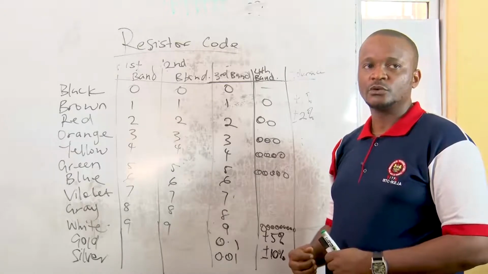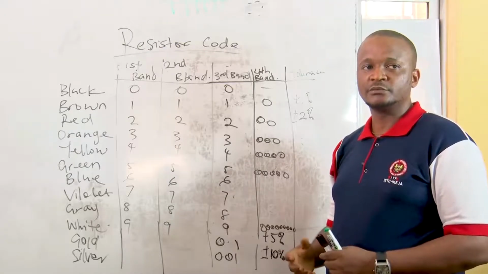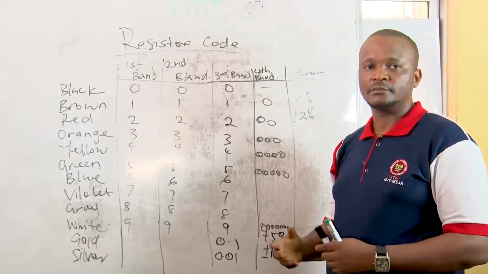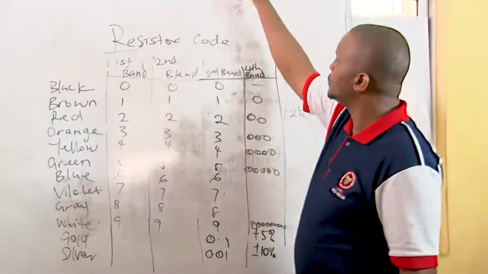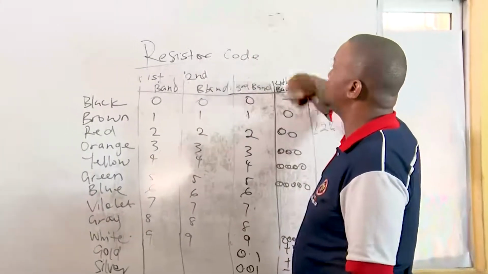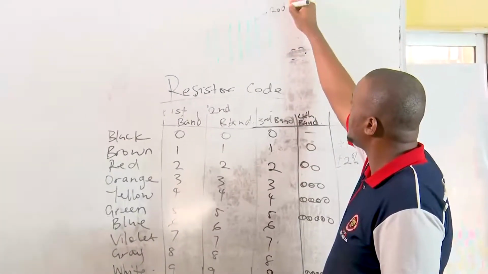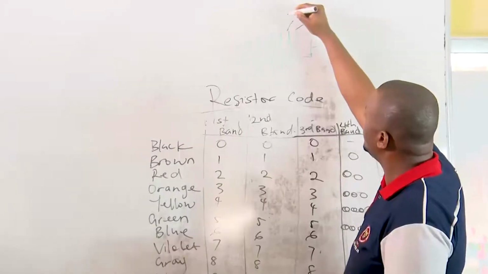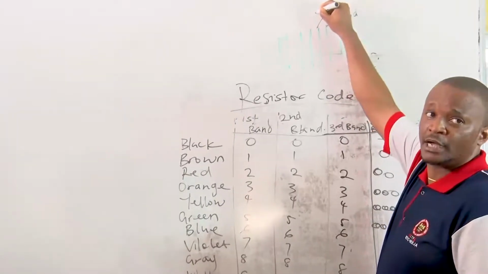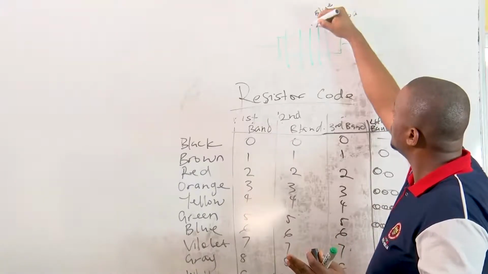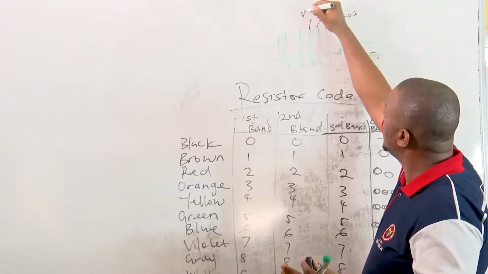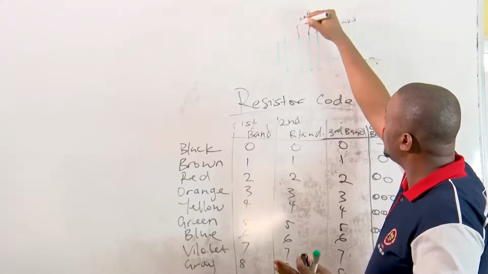Okay, so let us take a reading, let's use this as an example. Let us assume that this is red. Then we can have a blue. We can have red again. So you can have that color inside.